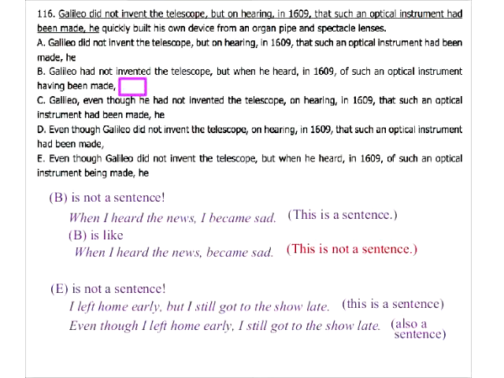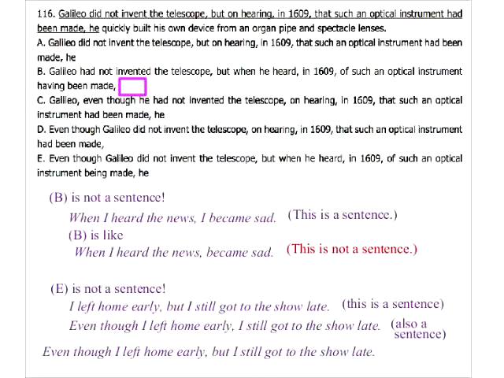I forget the name for them. I think they're called conjunctions or something. But the point is that they're things that connect stuff. And you can only connect these things once. You can't double connect them, otherwise you don't have a sentence. So, even though I left home early, but I still got to the show late.